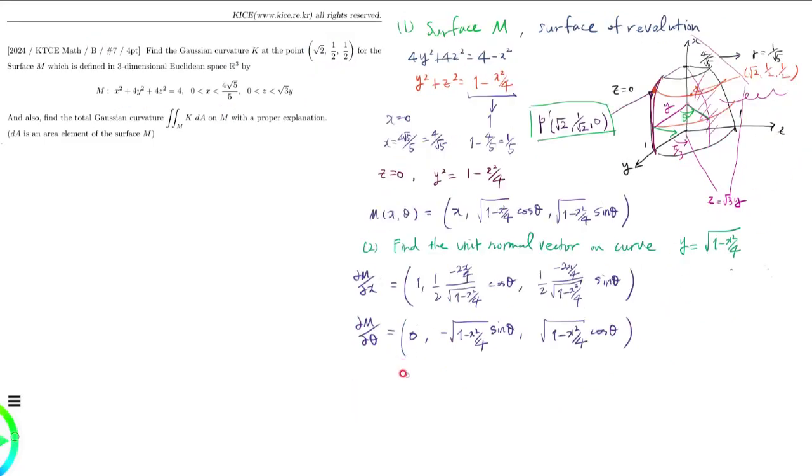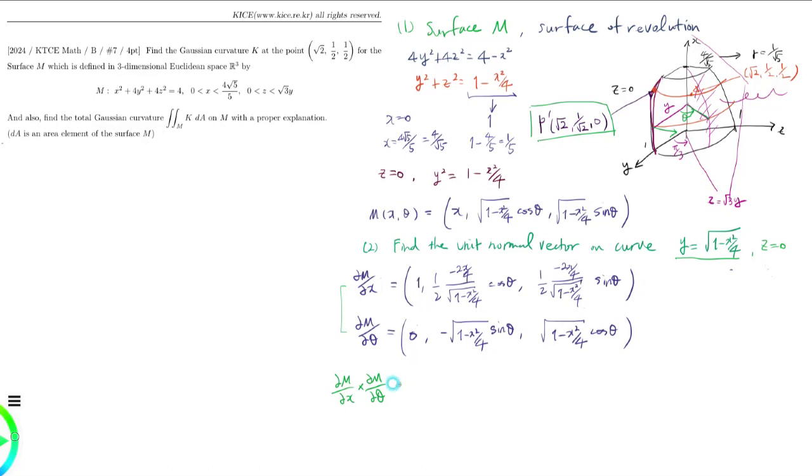And then by taking an exterior product of those two partial derivatives, we'll have the normal vector field on this curve y equals square root of 1 minus x squared over 4 and z equals 0.